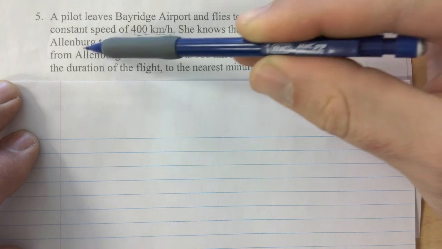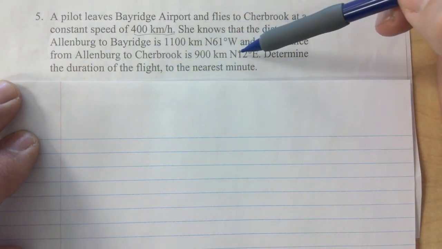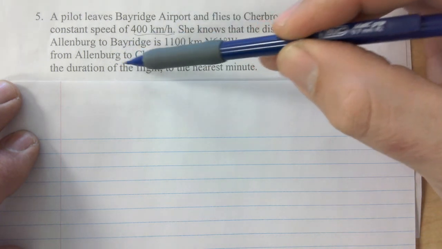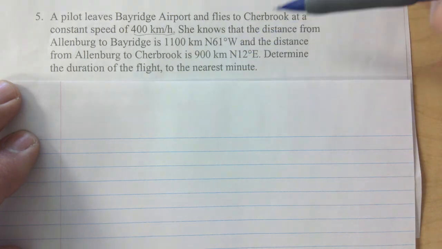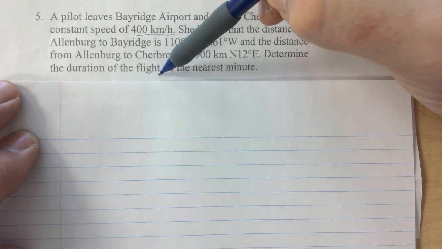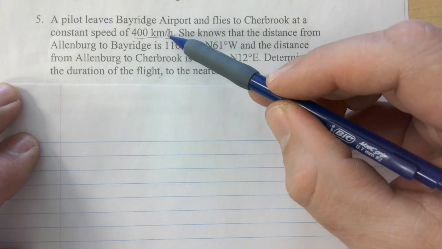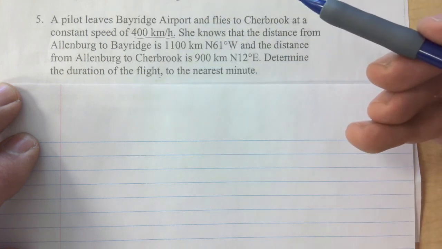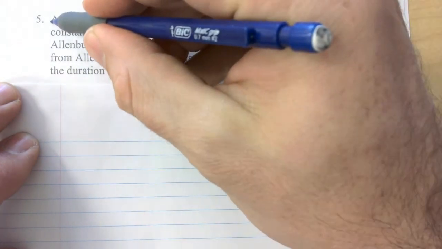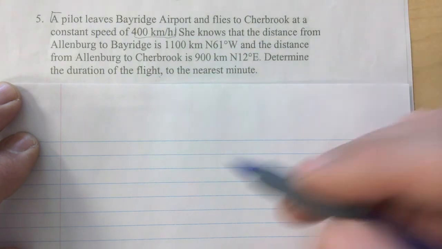And the distance from A to C, Allenburg to Cherbrook, is 900 kilometers at a direction of north 12 degrees east. Determine the duration of the flight to the nearest minute. To find the duration of the flight, you first have to know how far away it is, and if you know the speed the plane travels, you find out how long it will take later on. So let's not worry about this part and just worry about the triangle they're trying to depict here.